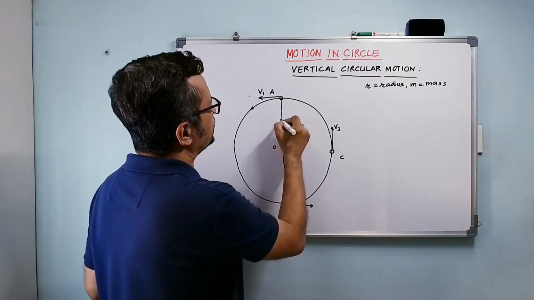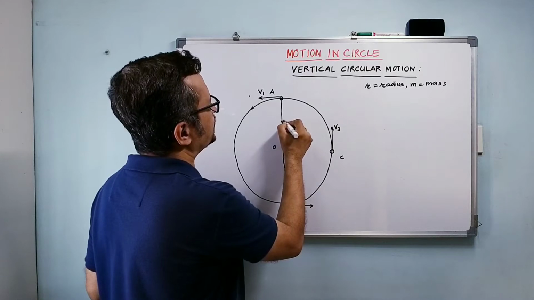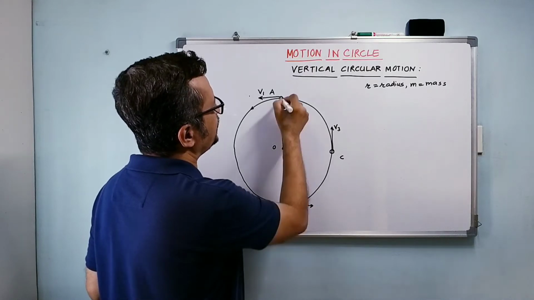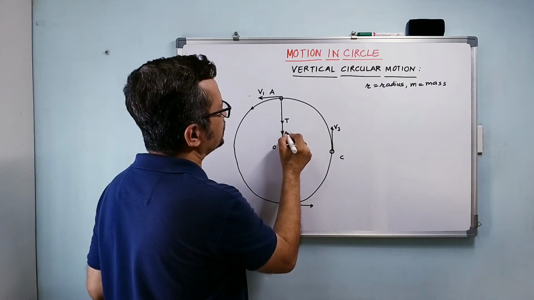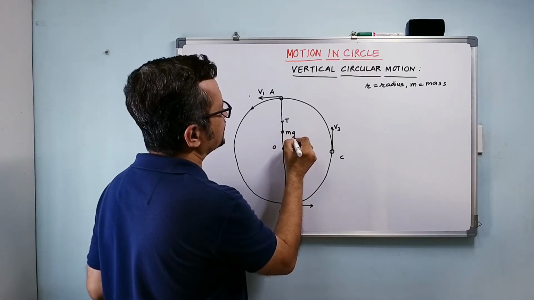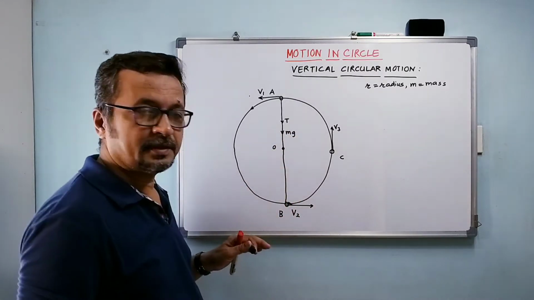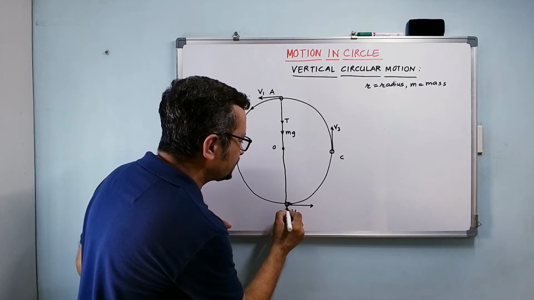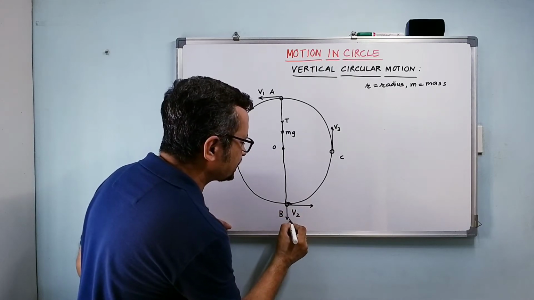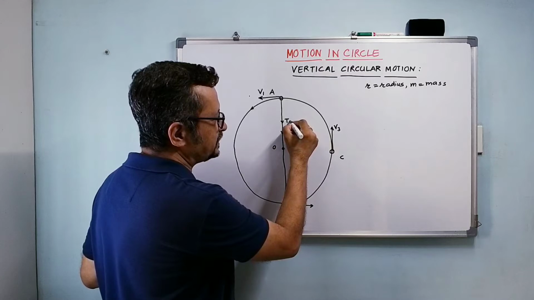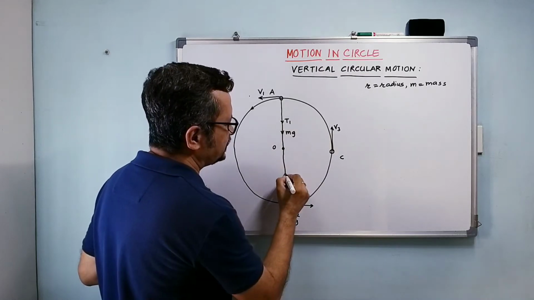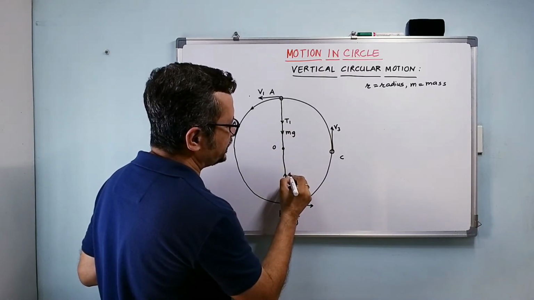This is the center, and tension will be directed towards the center here, and the weight of the mass is going to act in the downward direction. What about point B? At point B, the weight is going to act down. This tension, if I call T1, then this tension I will be calling T2.